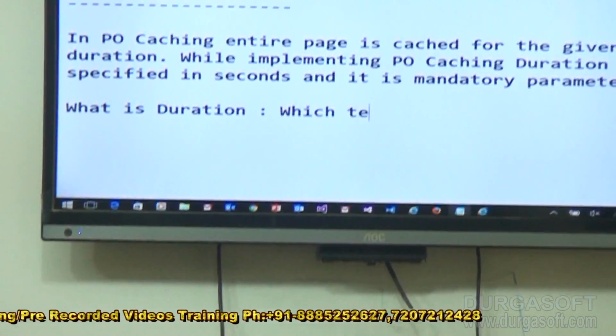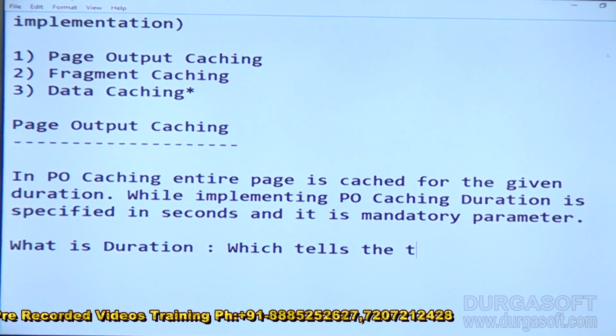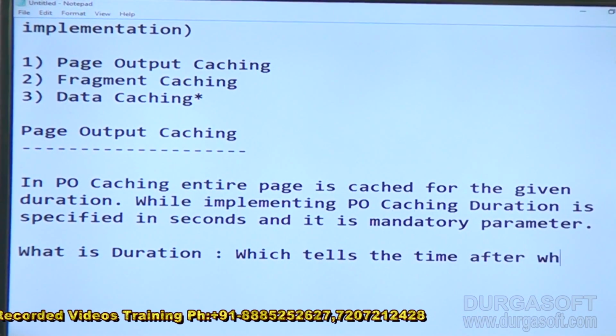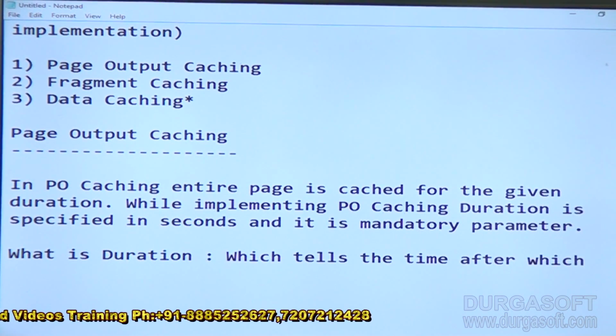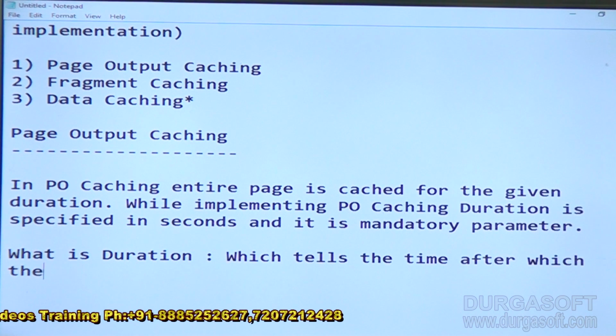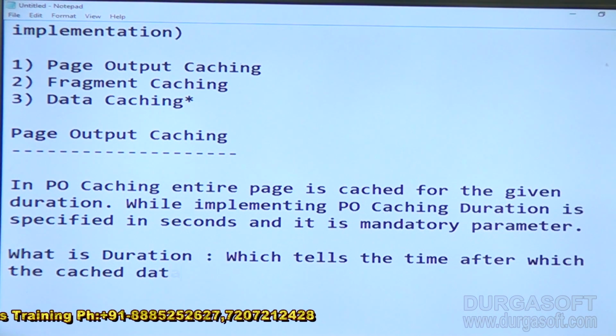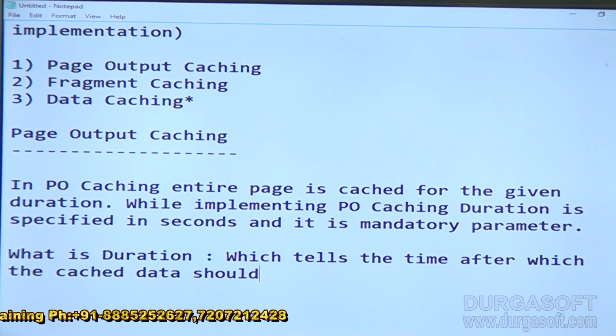So duration here tells the time after which the cached data should be removed.